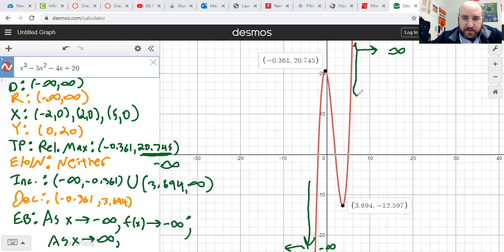Our function values approach positive infinity y as well. So as x approaches positive infinity, f of x approaches positive infinity. So left end going down to negative infinity, right end going right to positive infinity also goes up to positive infinity.